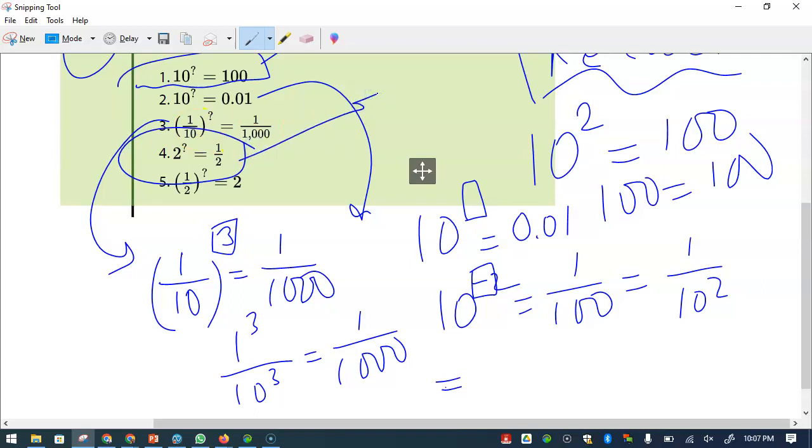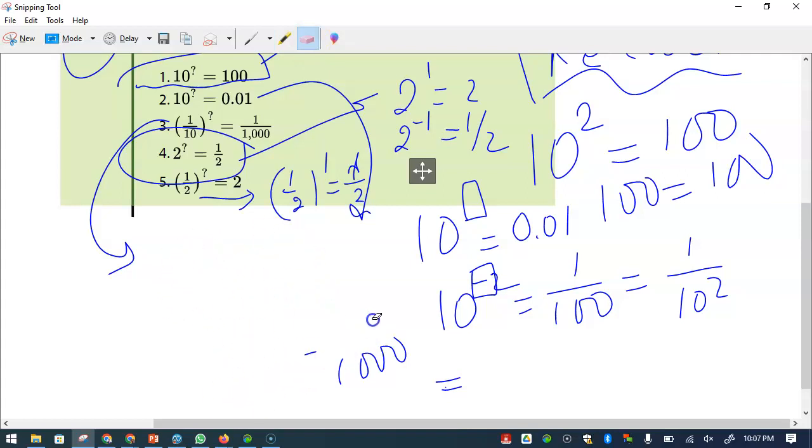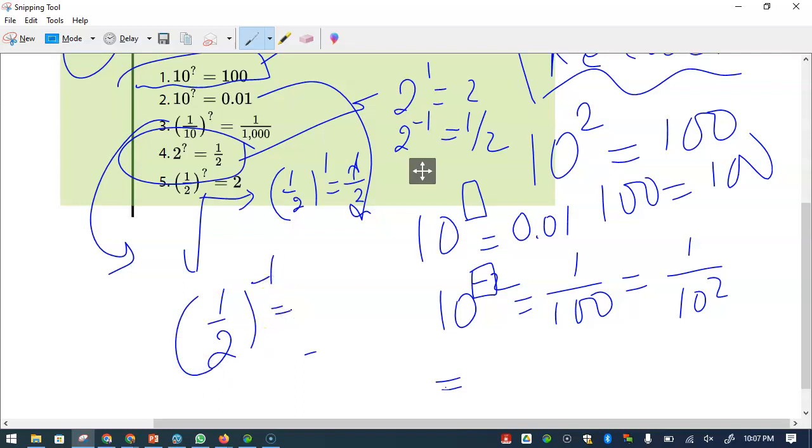For this one, 2 raised to 1 is 2. So 2 raised to minus 1 is half. That's it. What about here? Half raised to 1 is half. So here, half raised to minus 1, you have to write the reciprocal.